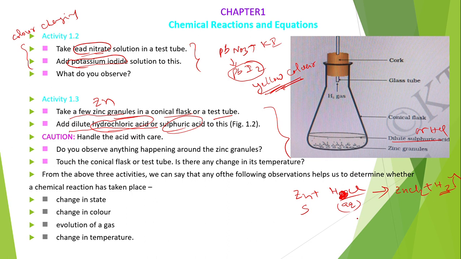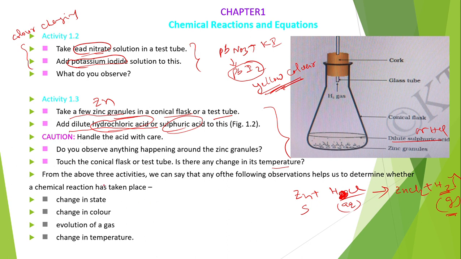Hydrogen will you get. That means you are getting a gas. See again, you are getting gas. Now touch the conical flask or test tube. Is there any change in the temperature?